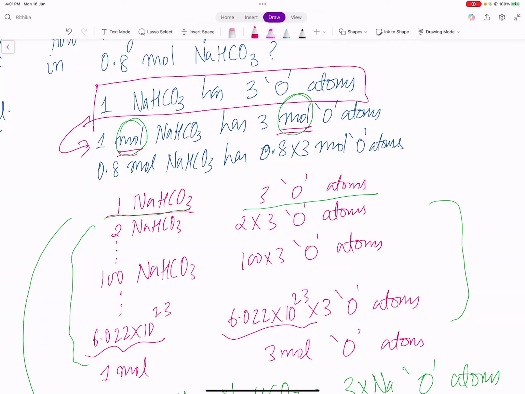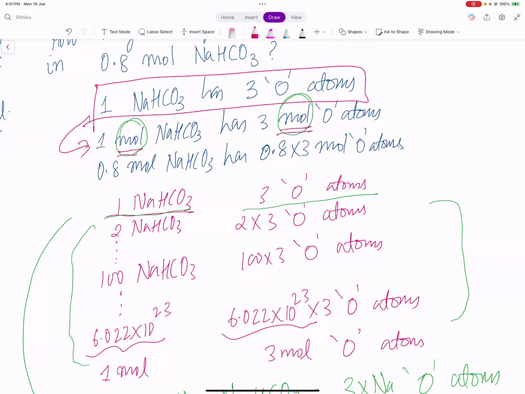If you're taking 2 mole NaHCO3, then it will have 6 mole O atoms, right?